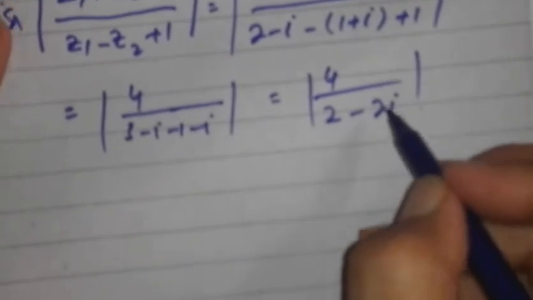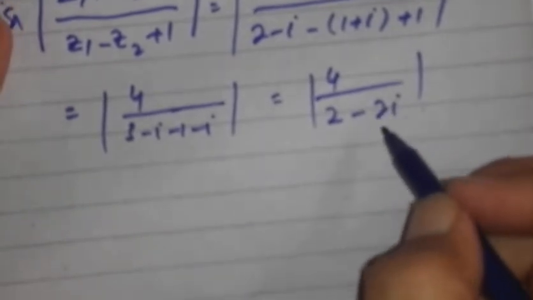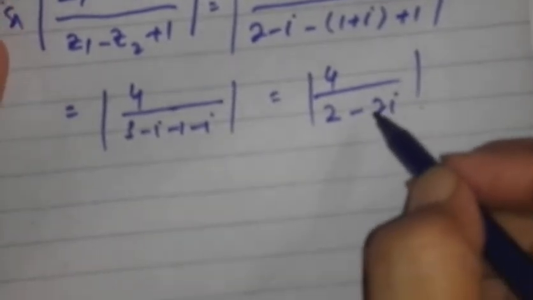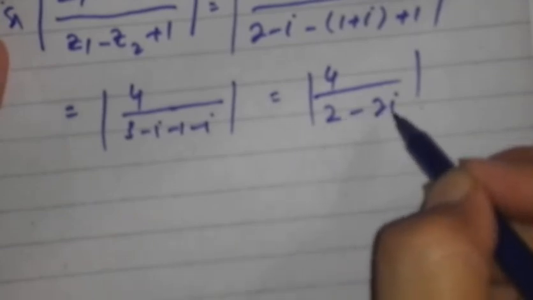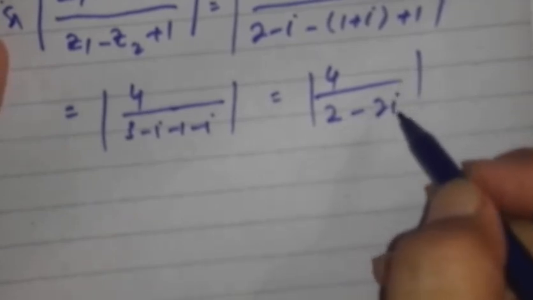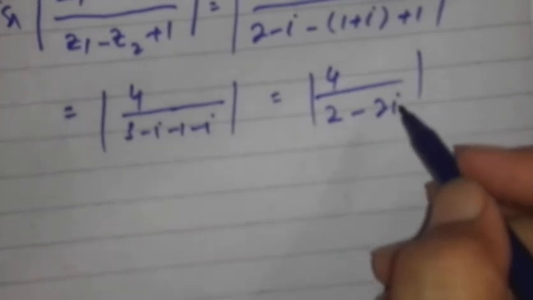Now we will divide and multiply it with the conjugate of 2 minus 2 iota, which is 2 plus 2 iota, and then we will take the absolute value.